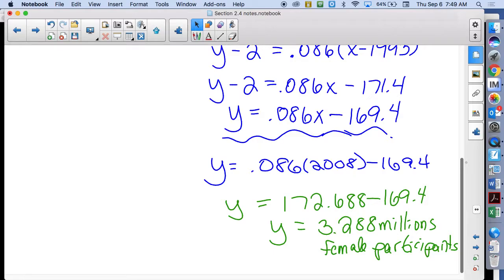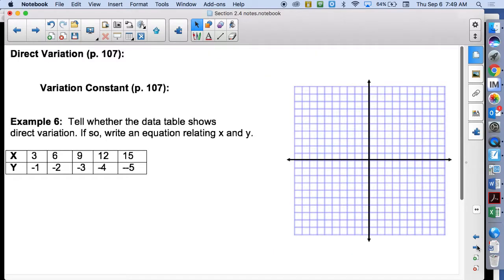So the other thing we're going to talk about is called a direct variation, which is a specific type of line. It's still a line. It's just a special line. So it gets its own special name because a direct variation is a line that always goes through the origin.